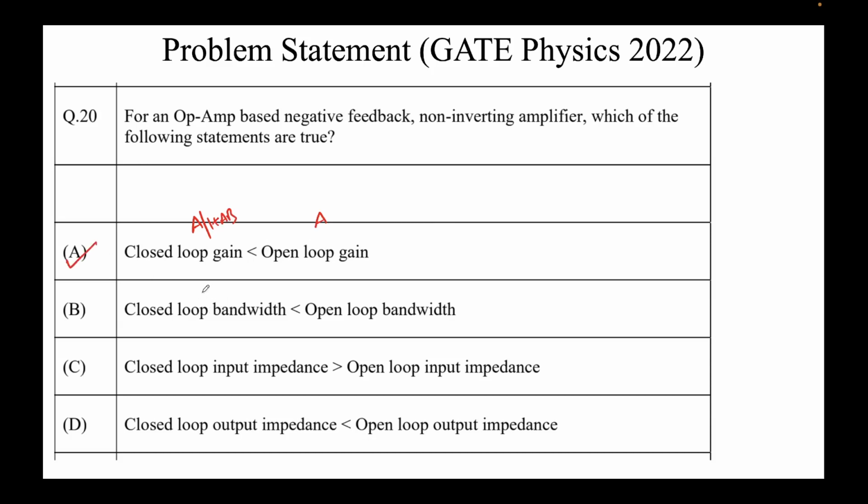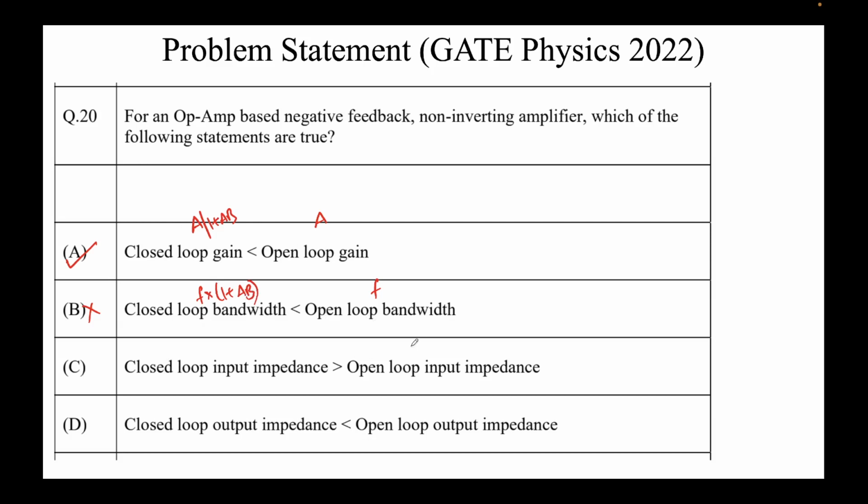Now we know closed loop bandwidth is F times 1 plus AB, while open loop bandwidth is F. So this option is not correct, because 1 plus AB will always be a factor greater than 1. A and B are positive quantities, please note that. So closed loop bandwidth will always be greater than open loop bandwidth. So option B is incorrect.